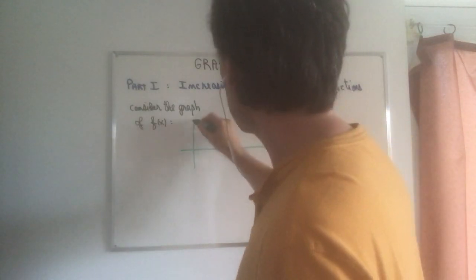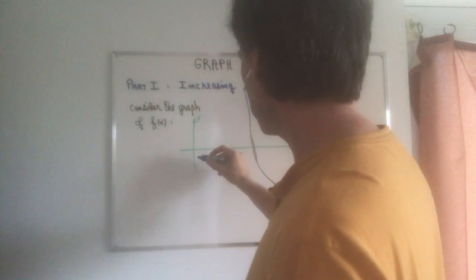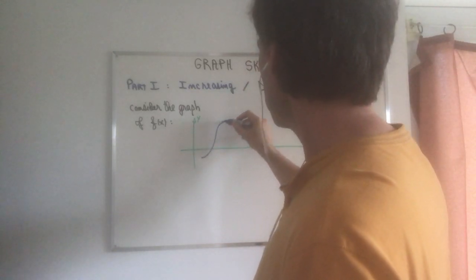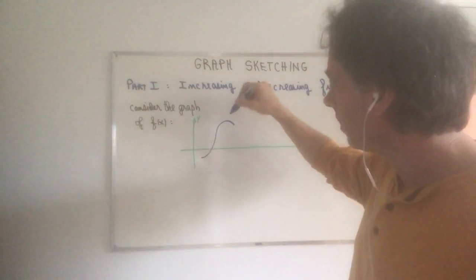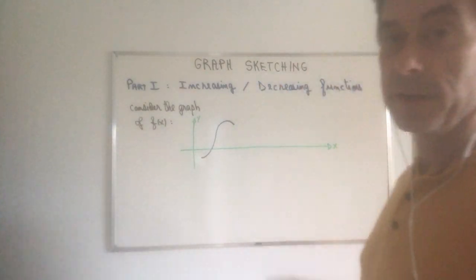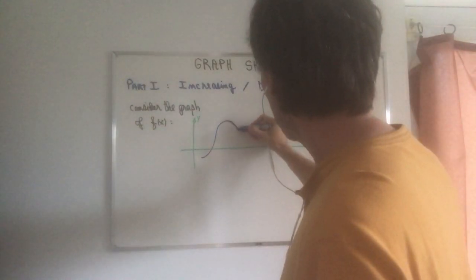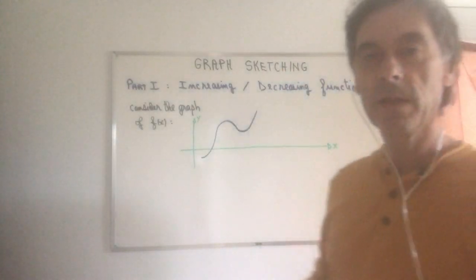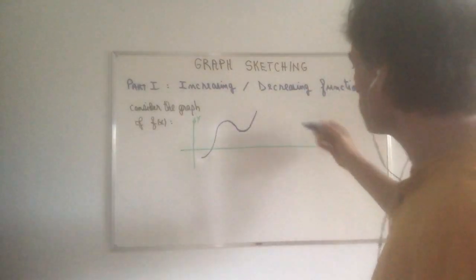So x-axis and y-axis. And let's have something like this. Something that goes up, reaches some sort of a top point, and then comes down somehow to give us this. And then from here, I'd like to do something that many of you will recognize as a point of non-differentiability, a cusp.